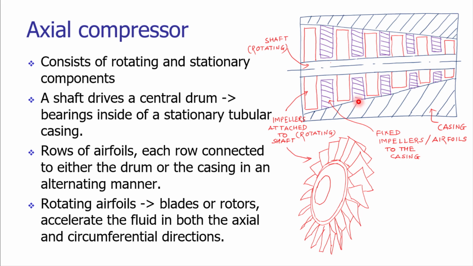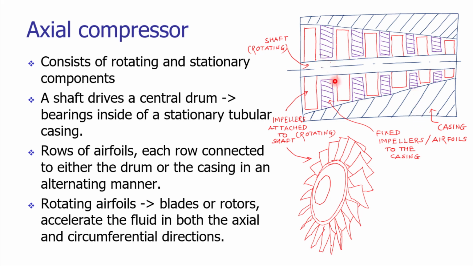It has the purple color fixed impellers housed in the casing, and the red color are the impellers or airfoils connected to the shaft. These impellers are rotating along with the shaft. However, the purple color impellers are fixed to the casing.